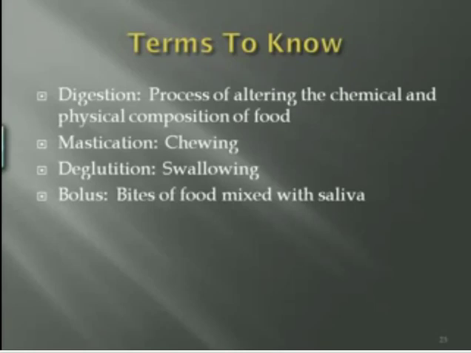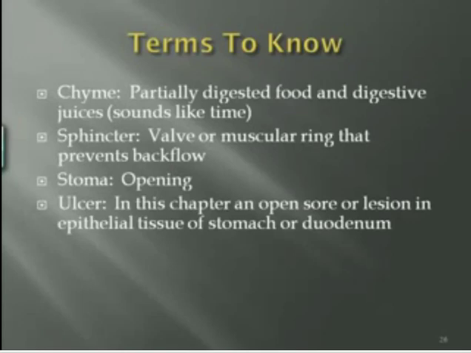Bolus is a ball, a bite. So in this case, it's talking about the bites of food that are mixed with saliva. Chyme, it's time for chyme. Once that bolus has gone through the process of mastication and deglutition, it's going to be swallowed, and then when it mixes with the digestive juices in the stomach, it becomes chyme. So it's time for chyme.